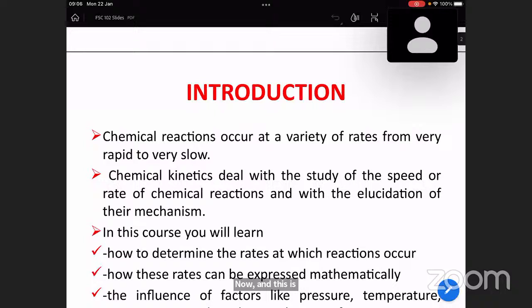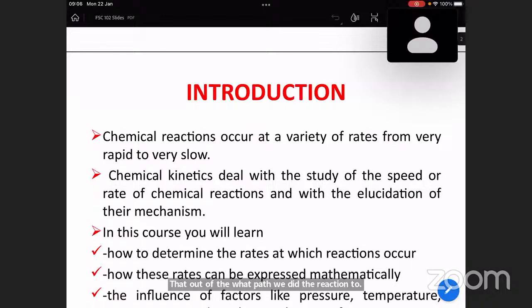This is the study of the speed or rate of chemical reactions. That is, chemical kinetics studies the rate at which chemical reactions happen, but that is not all. It also studies the mechanism of that particular reaction. If you have a reaction taking place, for example between A and B, sometimes we'll get to explain this better, what pathway did the reaction take?